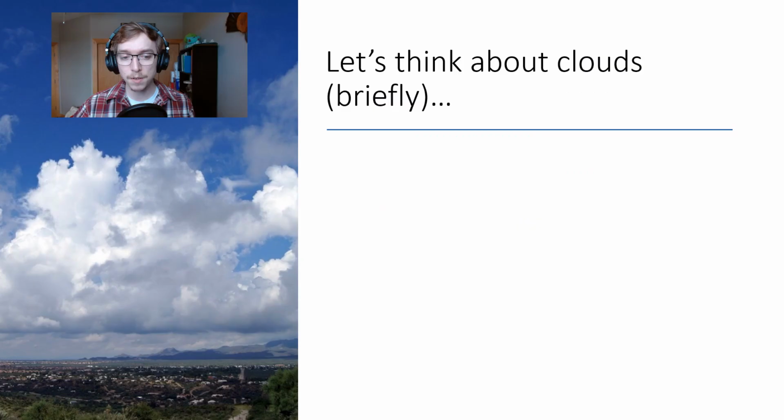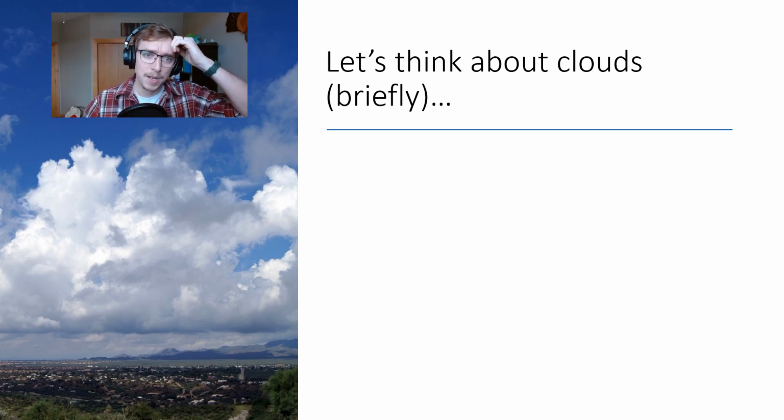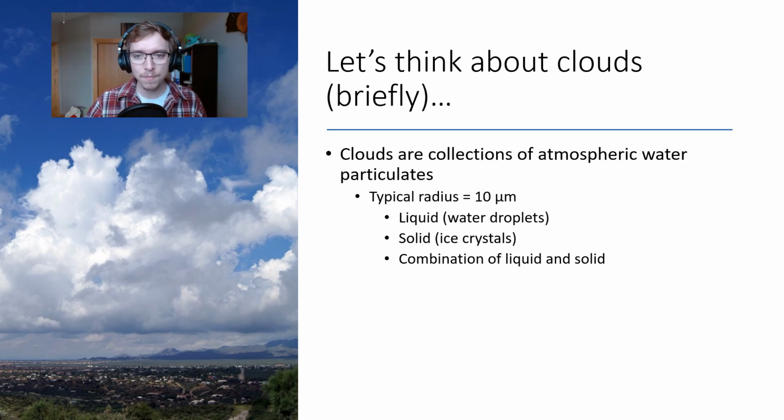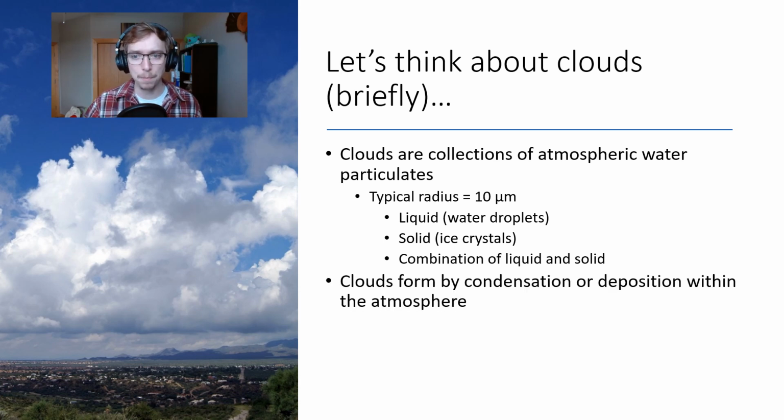But first, let's go ahead and think about clouds very briefly. There's going to be an entire lecture, multiple lectures on clouds in the next week or two. So we're just going to kind of ease our way into clouds. Clouds are just collections of atmospheric water particulates. Those particulates are typically a radius of around 10 micrometers. They consist of liquid or water droplets, solid or ice crystals, or some combination therein.